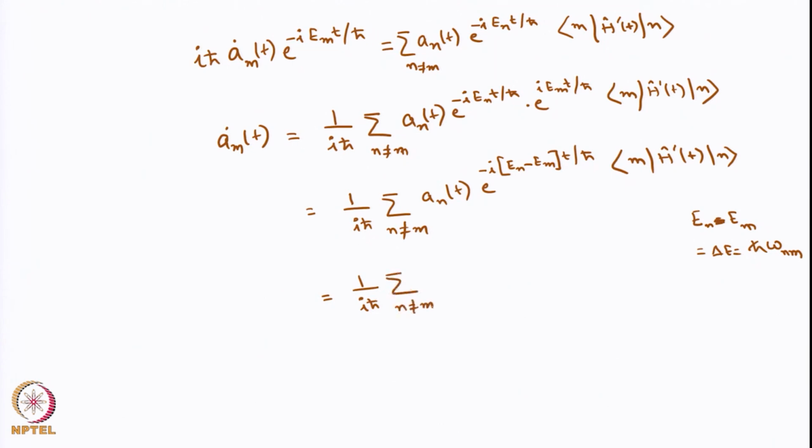So, if I write that, this is equal to 1 over iħ sum over n not equal to m of a_n(t) e to the power of minus i ω_nm t, because this ħ here and this ħ will get cancelled and you will get ⟨m|H'(t)|n⟩.